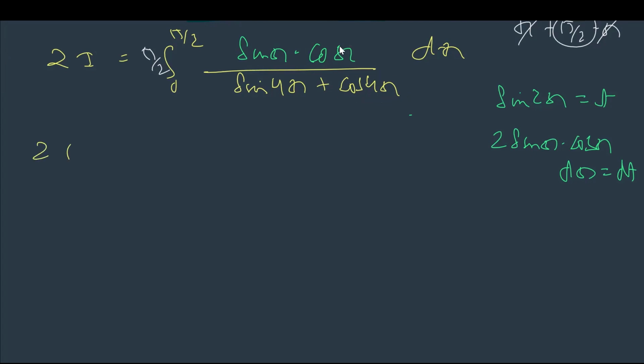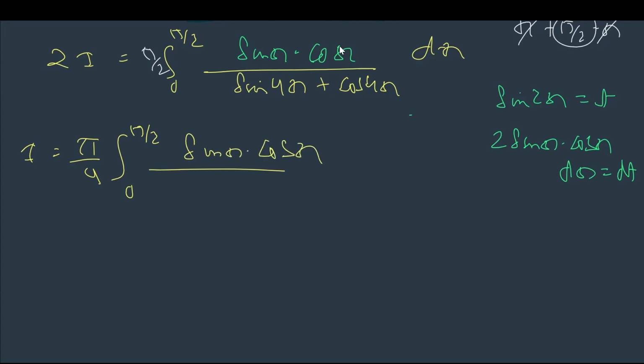So this is 2 times I, and I can isolate this I. Instead of writing 2 times I, I'll be writing I, transposing 2 to the other side. That's why it's going to be pi by 4. Right, it was pi by 2, now it has become pi by 4. Integration 0 to pi by 2, sine x dot cos x, over sine square.